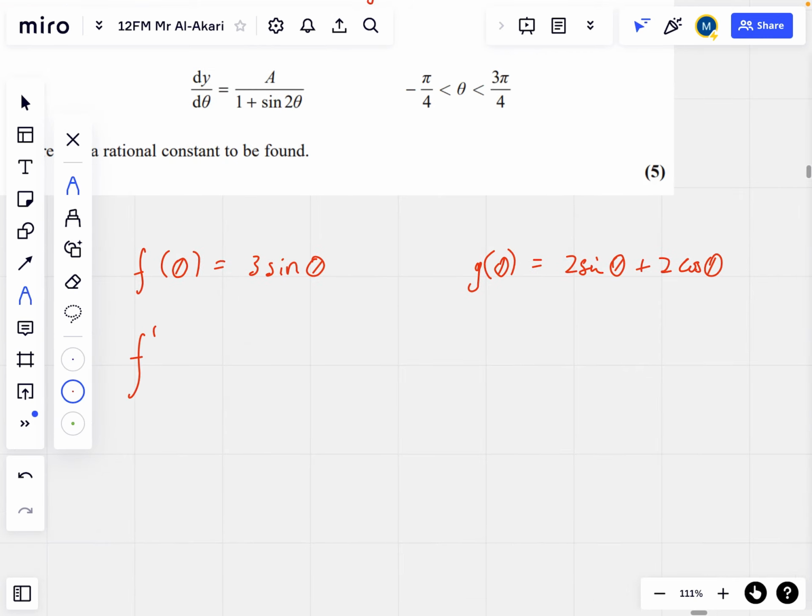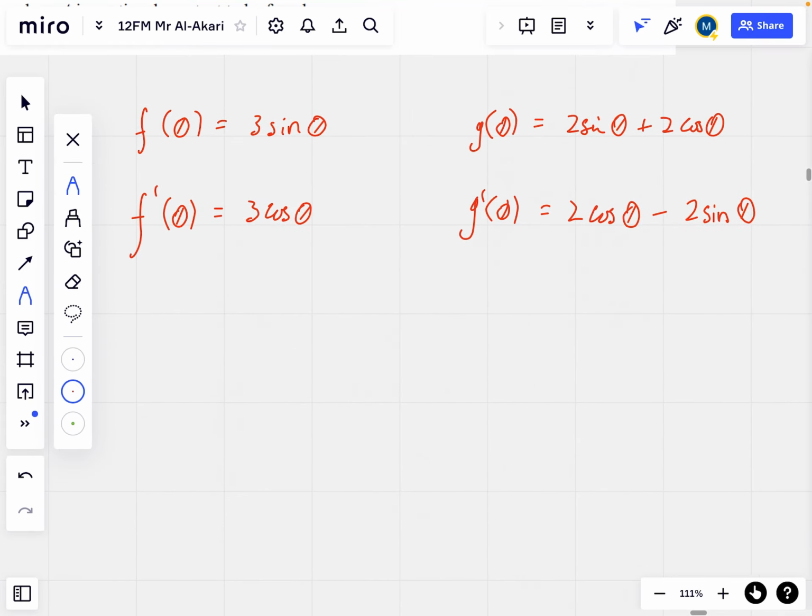So f dash theta, 3 sine theta differentiated, is just 3 cos theta. And g dash theta, again, that's quite simple differentiation. So 2 cos theta take away 2 sine theta. Remember, when we differentiate cos, we get a negative sign.